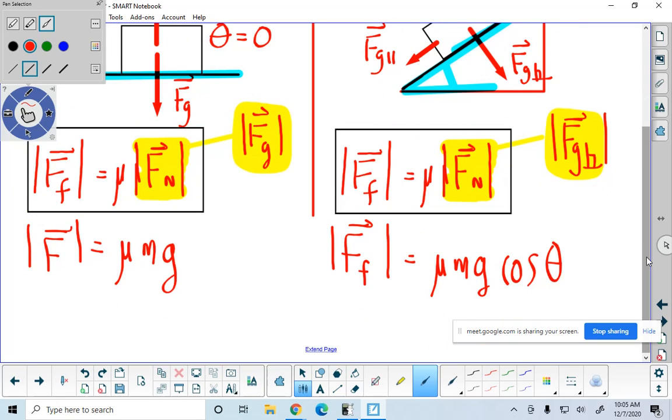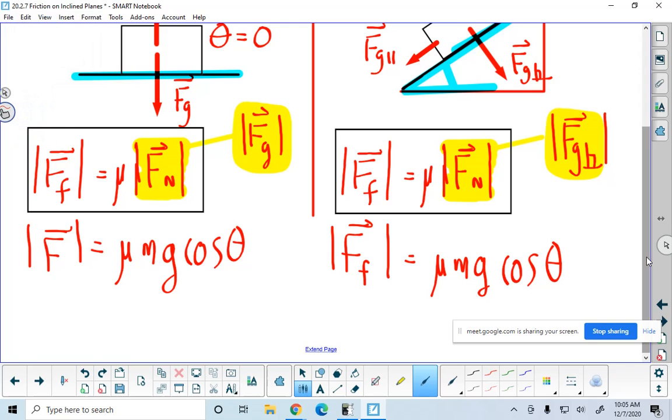Okay, let's try something. What if we put cos theta on this one as well? What if we could use the same formula whether it's on a ramp or it's not? Well, I would like you to figure out what cosine of 0 degrees is.